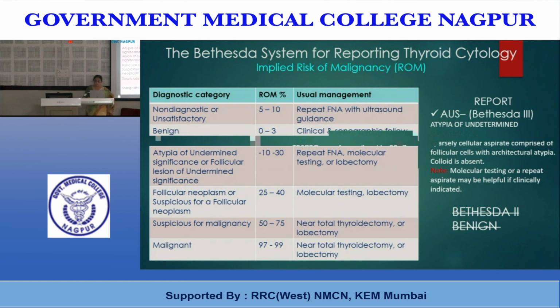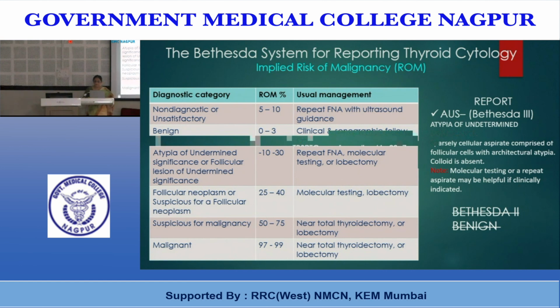Now, category 3, that is atypia of undetermined significance or follicular lesion of undetermined significance, is a very heterogeneous category where you have all types of follicular or non-follicular cells showing you the atypia. But category 4, that is the follicular neoplasm, suspicious for follicular neoplasm, is a very homogeneous category and contains only follicular patterned lesions without nuclear atypia or nuclear features of PTC.